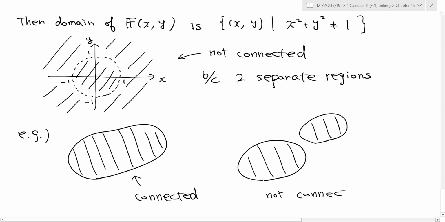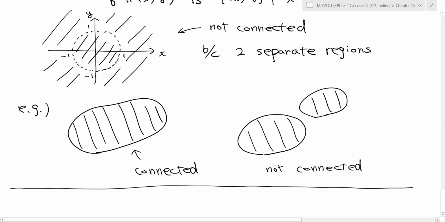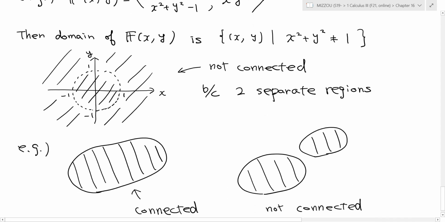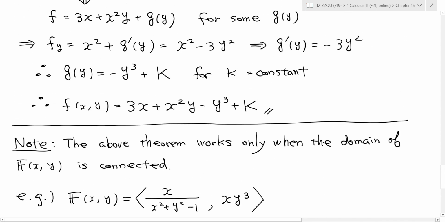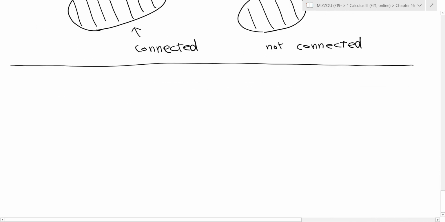And in order for the theorem to work, we need to make sure that the domain is connected. But it's a little side remark, so it's not super important, but just let me mention it.